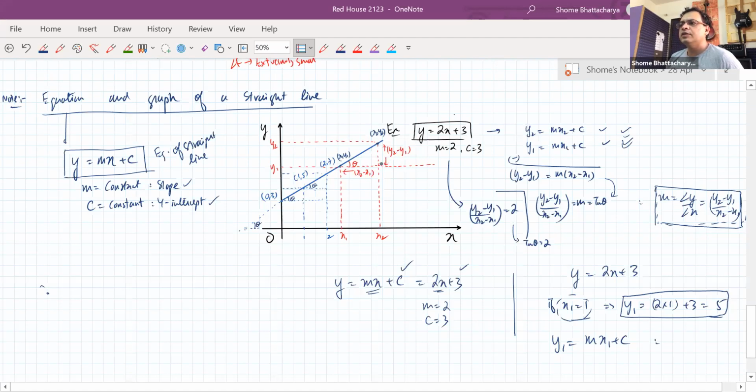It is y2 minus y1 divided by x2 minus x1. So the geometric meaning of slope becomes what? That m is equal to nothing but tan theta, or y2 minus y1 upon x2 minus x1 is equal to tan theta. Okay, so that is why we say that for an equation of a straight line like this, the slope m is equal to the rate of change delta y by delta x. That is equal to tan theta.